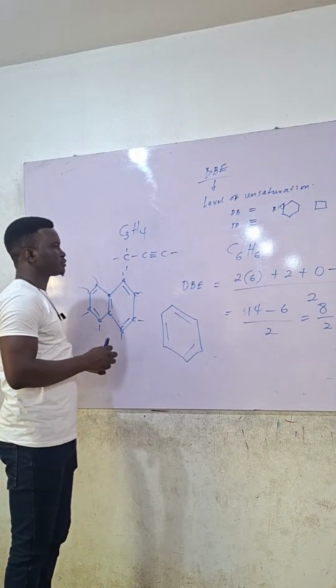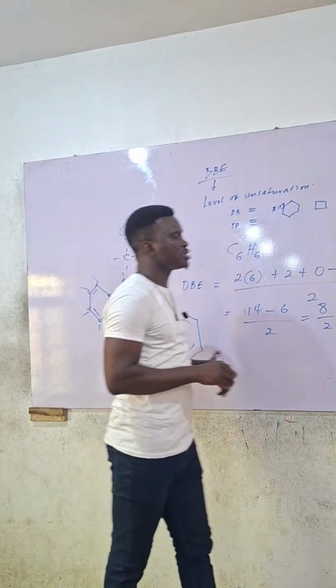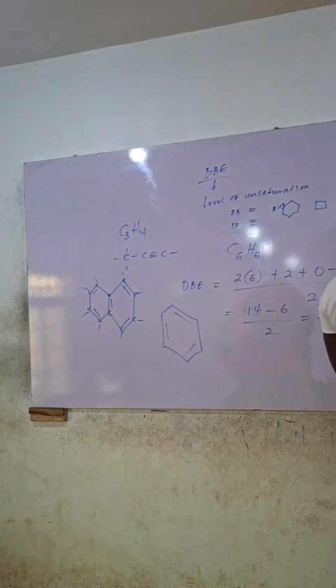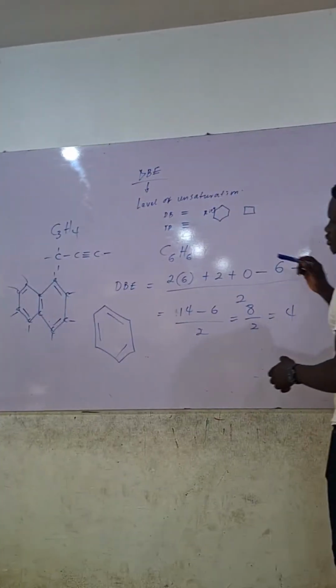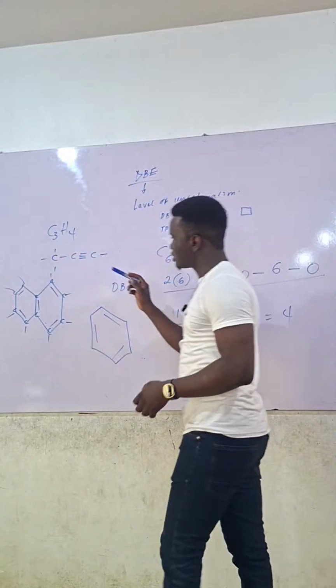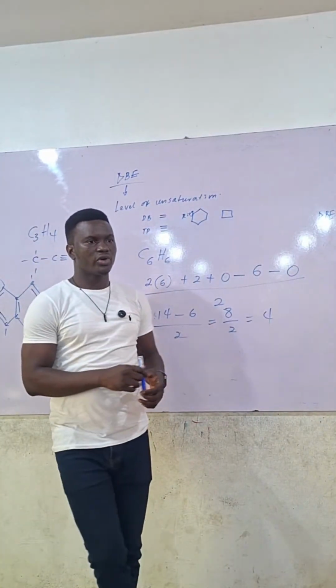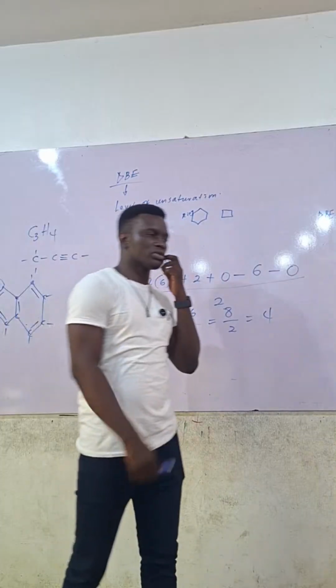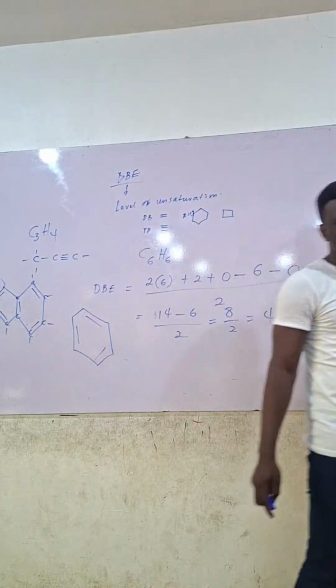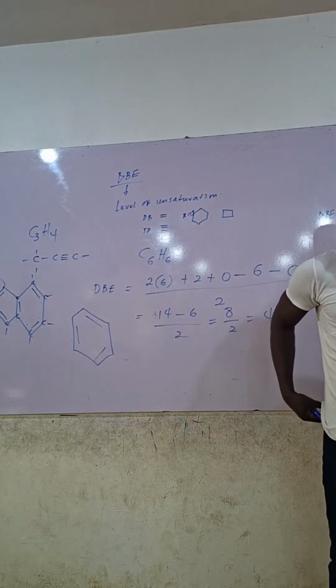Those are the carbon. 2 times 10, 20 plus 2, 22 minus 1, 2, 3, 4, 5, 6, 7, 8. 22 minus 8, 14. 14 divided by 2, 7. So that's correct.